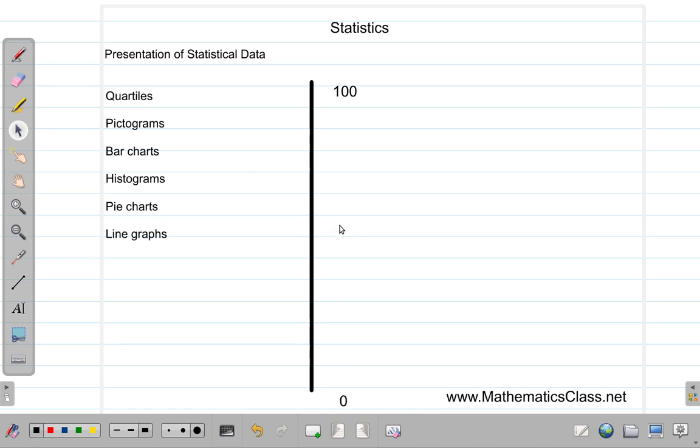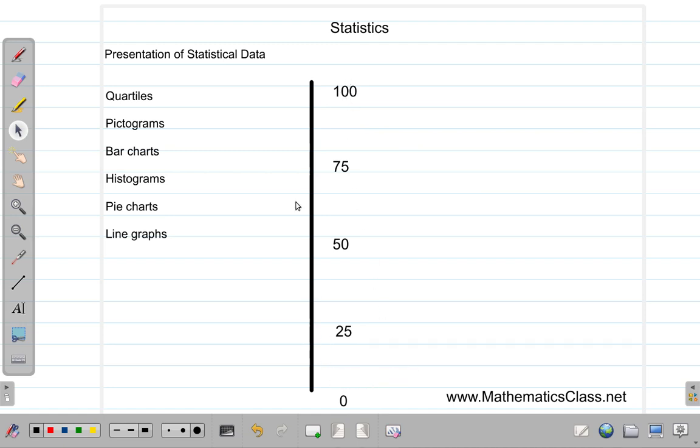Halfway up would of course be 50. But then quarter way up, which is halfway between 0 and 50, that would be 25, and then halfway between 50 and 100, which is 3/4 of the way up, would be 75. So these actually are representing percent because it's per 100 out of 100.